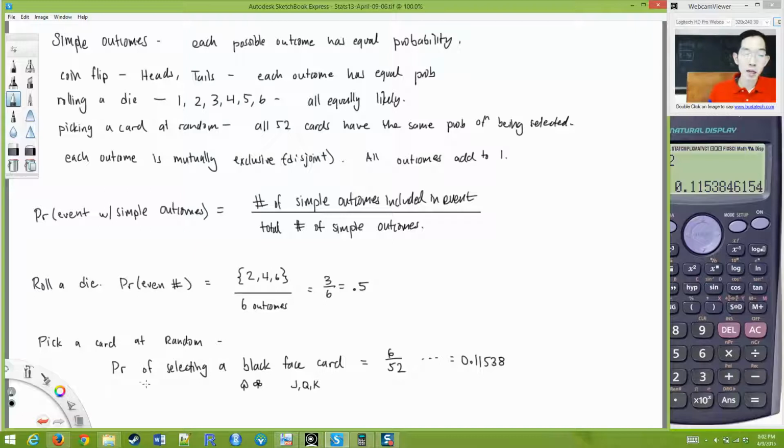This compound event, selecting a black face card, in itself is not a simple event per se, but it consists of simple outcomes. So the way we calculate it is just counting how many outcomes are included in the event divided by the total number of simple outcomes.